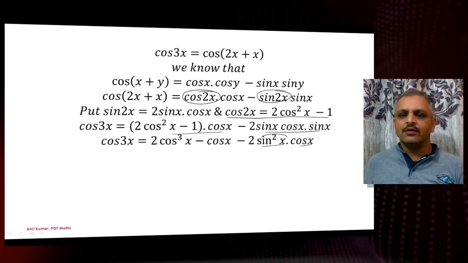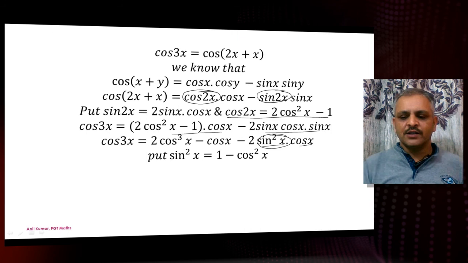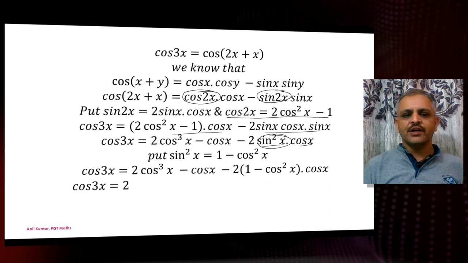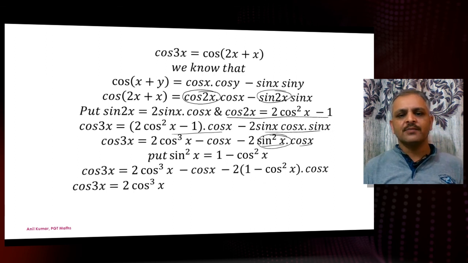Okay, now replace this sin square x with 1 minus cos square x. So cos 3x will become 2 cos cube x minus cos x minus 2 into 1 minus cos square x into cos x.